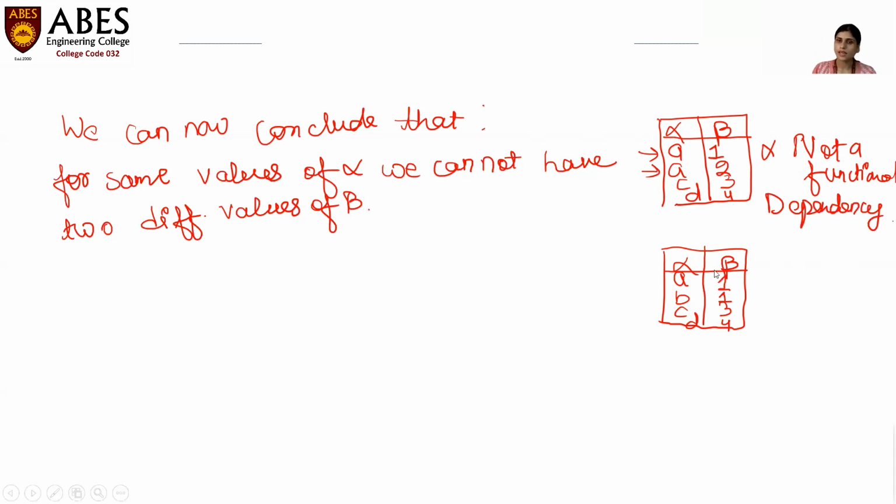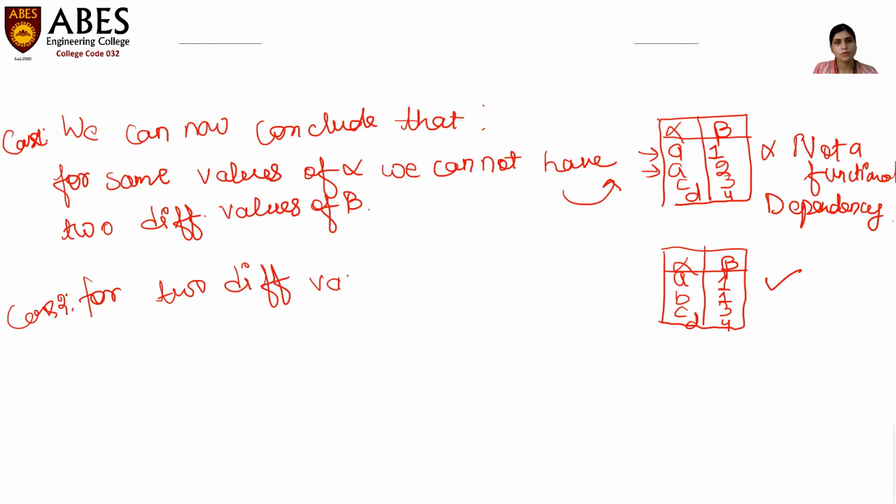However, this scenario can be true for case 1 or scenario 1 applying to this table, and case 2 for two different values of alpha, we can have same values of beta.